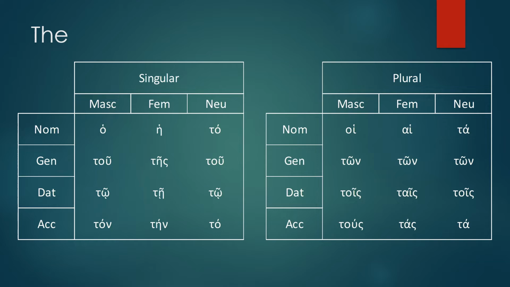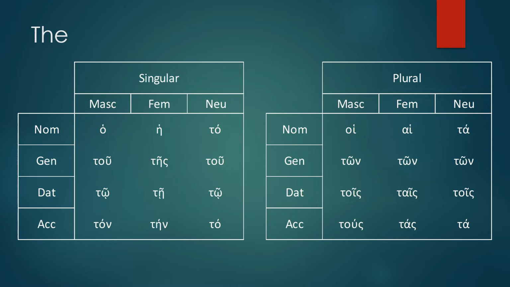No, I did not leave off part of this title by accident. We're talking about the definite article, the. You can notice, I think pretty immediately by these tables, that the endings of the definite article are kind of like the endings of the first and second declension adjectives that we saw. Genitives ending in -ou, -es, -ou, and datives -o, -a, -o, with iota subscripts there.